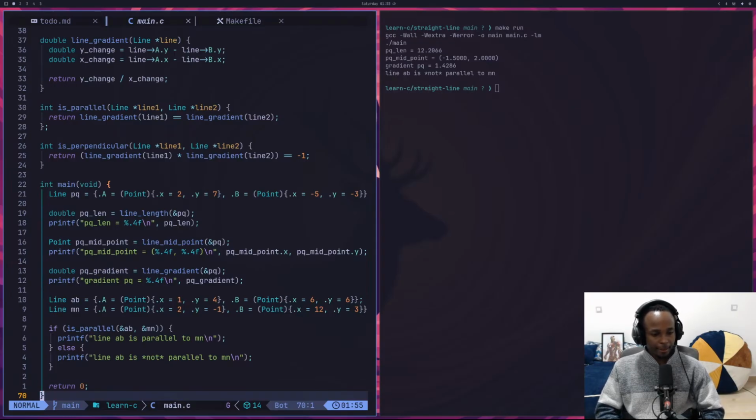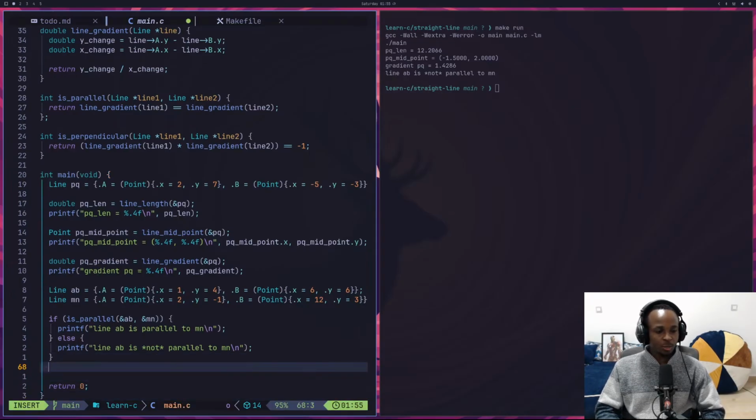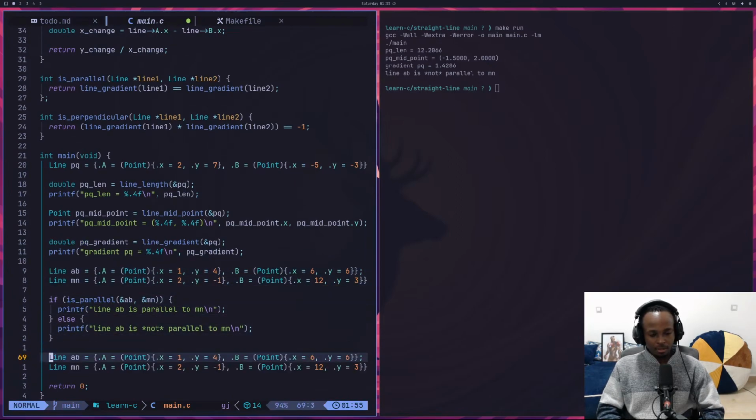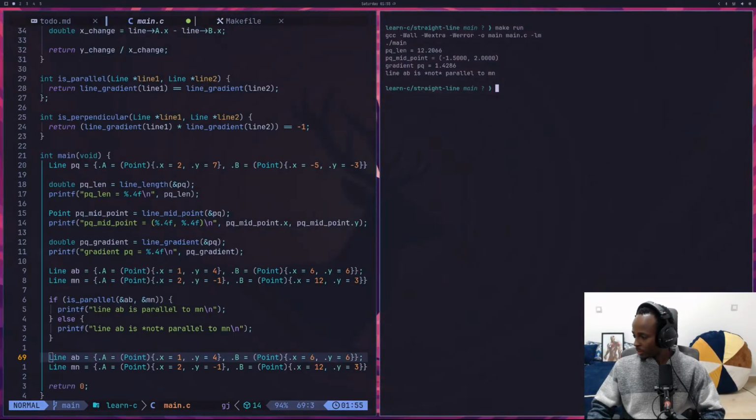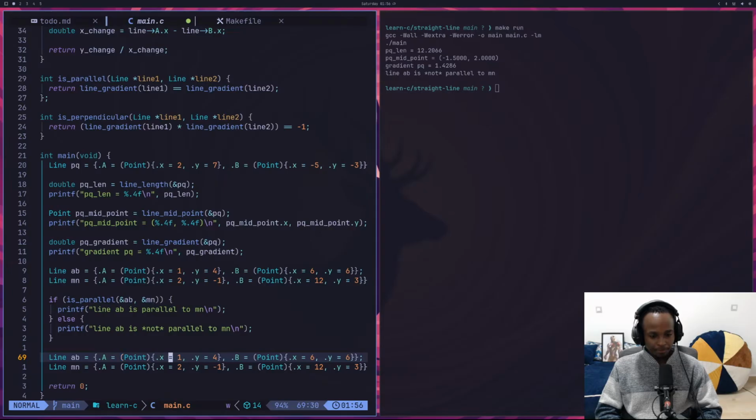And then we can start with point AB, and no, actually let's just create a new set of lines here. Let me look for another example. Okay, so I've got a set of perpendicular ones. We are going to call this CD and EF.